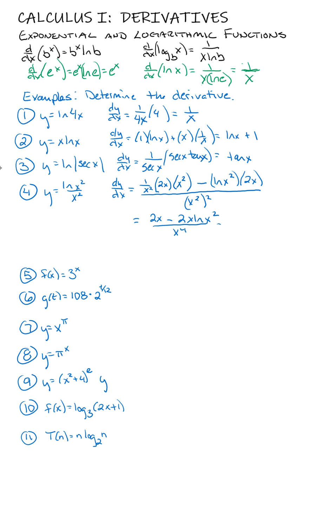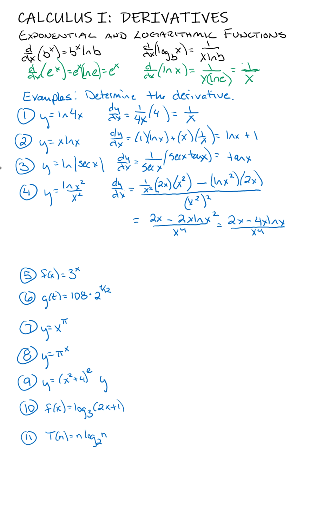One other thing that I notice I can do is I can take this exponent and multiply it there in the front as a coefficient. That is one of our properties of logarithms, so we get 2x minus 4x times the natural log of x. Oh, not x squared, just x over x to the fourth.